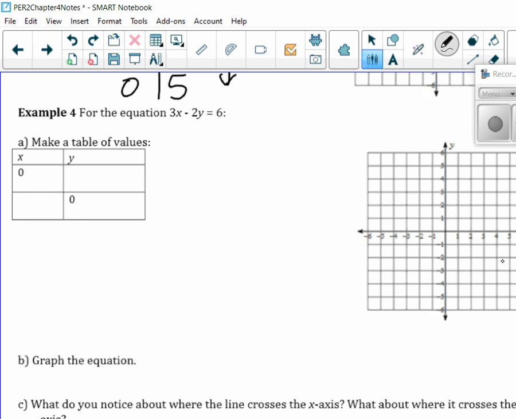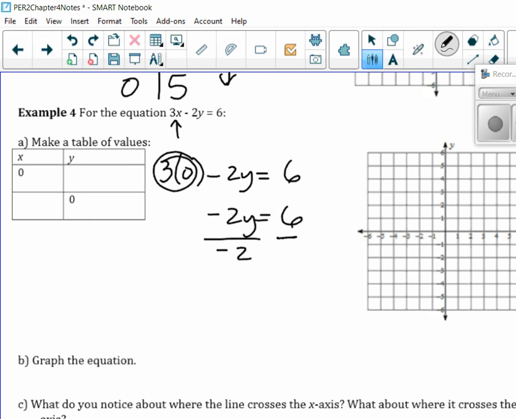So in the first case, they're saying x is 0. So if x is 0, sub it in. 3 times 0 minus 2y equals 6. So again, anything times 0 will wipe that whole thing away. So then I'm left with negative 2y equals 6. Divide by negative 2. I get y equals negative 3.